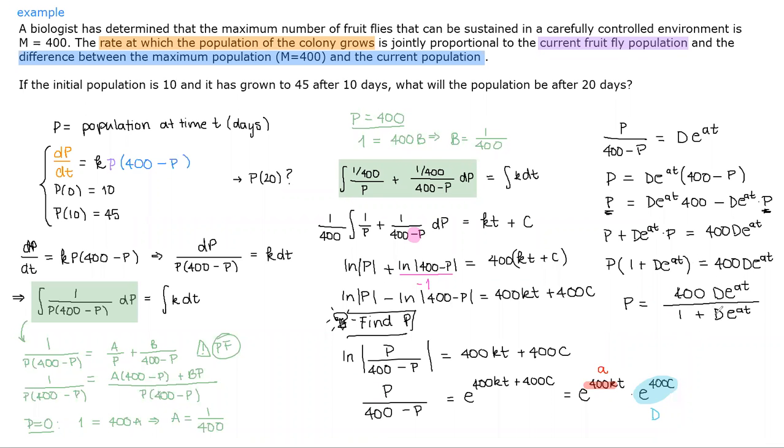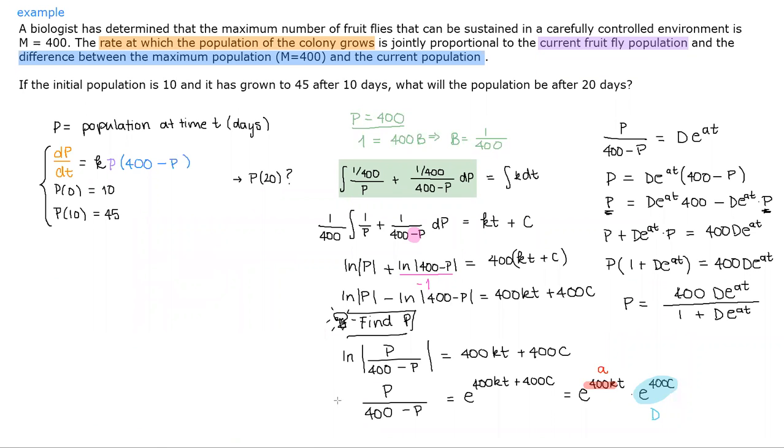All right, and now we have an expression for p. So let me just make some space to be able to solve the rest of the problem. I have found an expression for p of t.